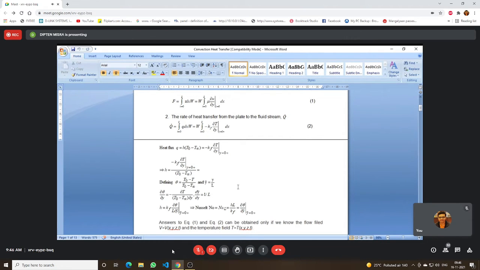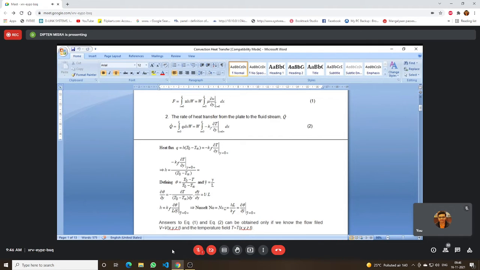So our concern will be how to find out the variation of V, the velocity, along x, y, z and time, and how to find out the variation of T along x, y, z and time. Unless we can find out how the velocity field is established, given by V as a function of x, y, z and time, and how the temperature field exists over the fluid domain, T as a function of x, y, z and time, we will not be able to find out these quantities.